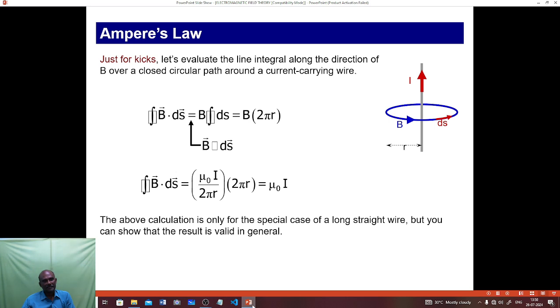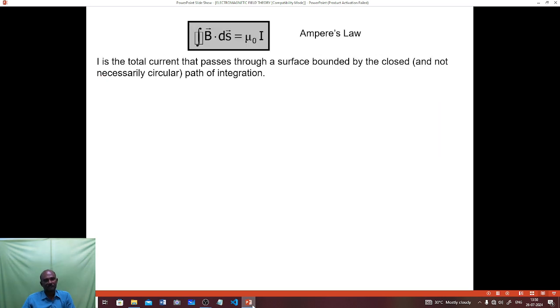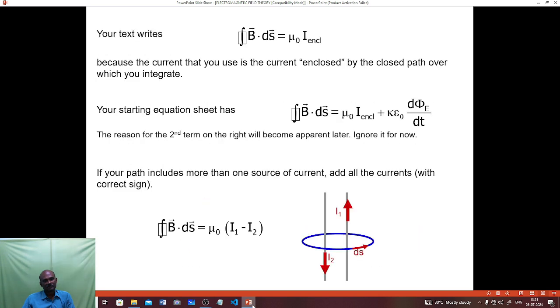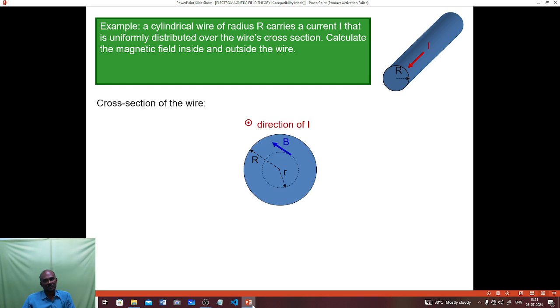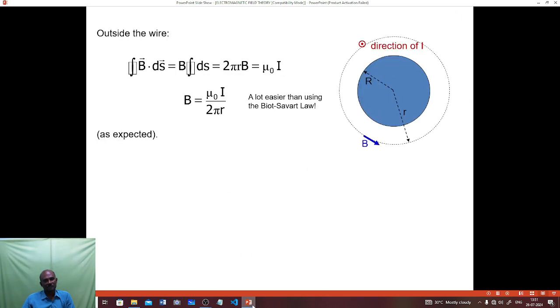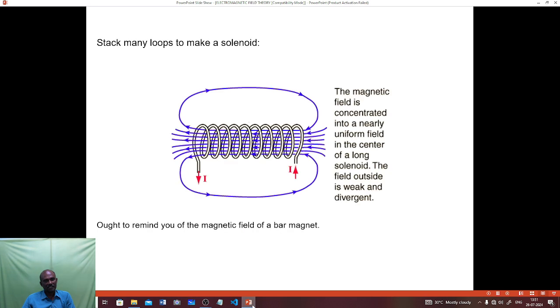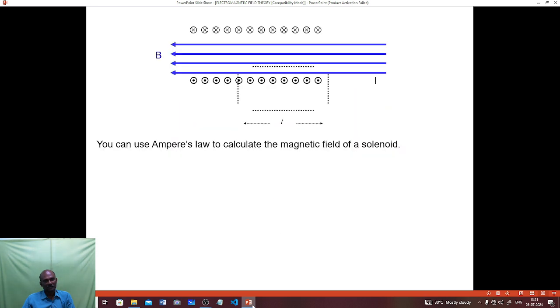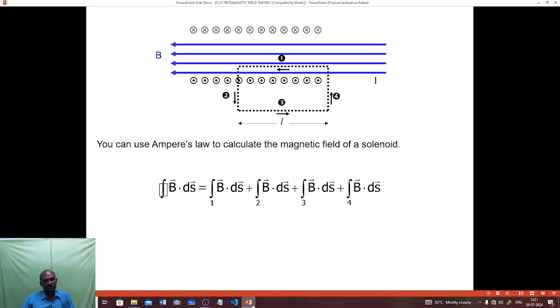Here we are using the magnetic flux density. The surface integral of magnetic flux density gives the magnetic flux, which is equal to mu naught I. For a cylindrical wire, we can find the magnetic flux density B. By calculating B, we can also find the magnetic field intensity H using the relation B is equal to mu naught H. We can do the same for a solenoid.